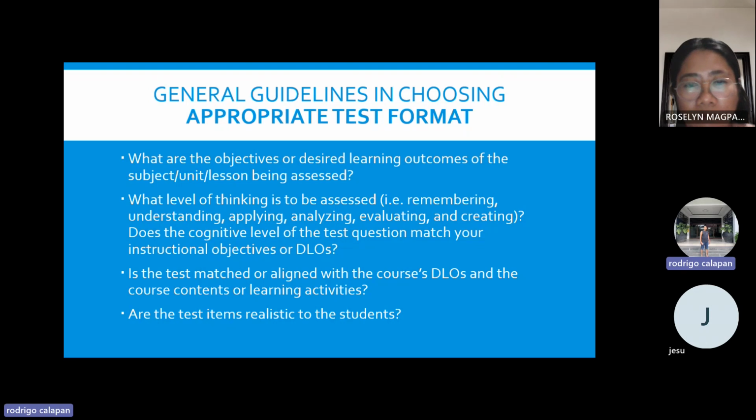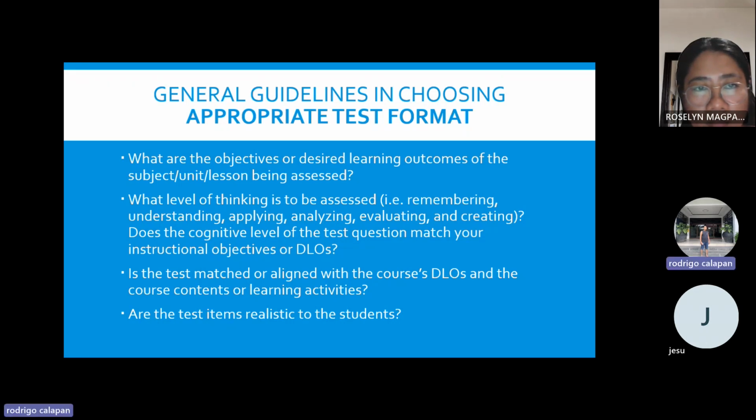For example, if an intended outcome for a research methods class is to design and produce a research study relevant to one's field of study, you cannot measure this outcome through a multiple choice or a matching type test.